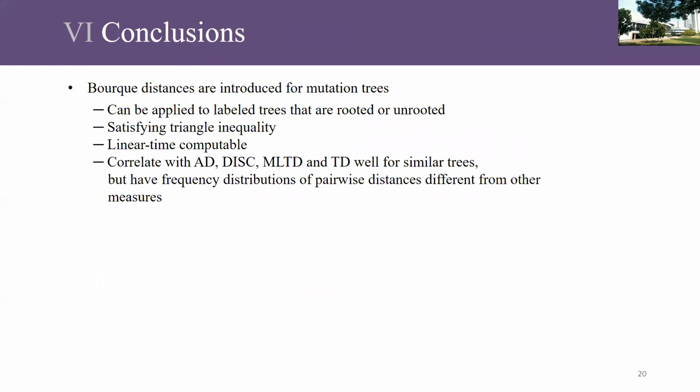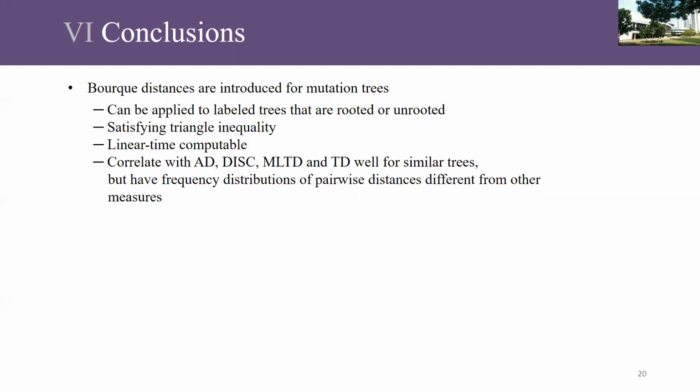Here are the conclusions. We have introduced bulk distance, which can be applied to labeled trees that are rooted or unrooted. The bulk distance satisfies the triangle inequality and is linear time computable.